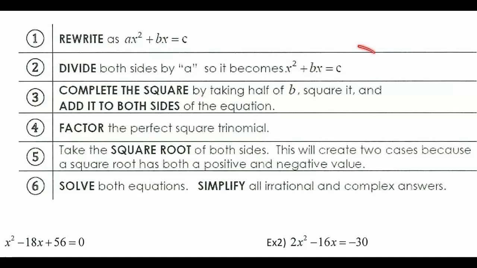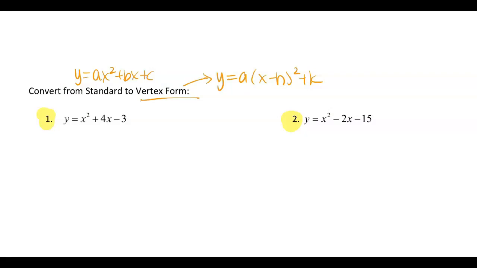We're going to do most of these steps on the other side of the page, the one that you guys are currently looking at, in order to solve that equation that we have and write it in its correct form for vertex. So let me go back over here, and I'm going to go through my steps referencing the completing the square method.